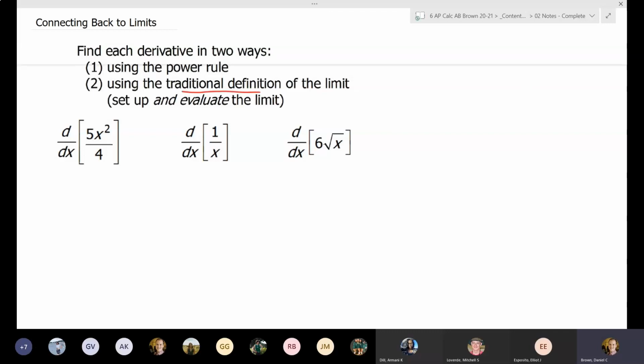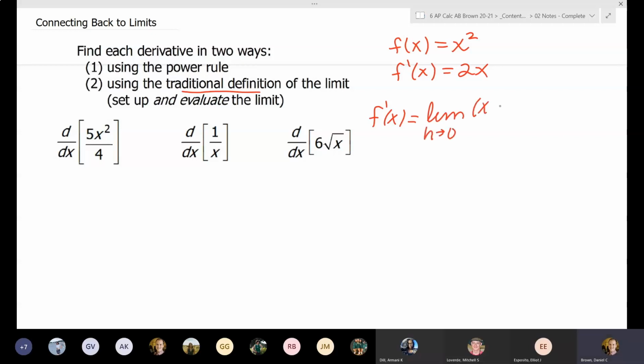So for example, when I say f of x is equal to x squared, and we know from the power rule that f prime would be 2x, someone had to come up with that rule from somewhere. Where that rule comes from is actually connecting back to unit 1 and the beginning of this unit, using that traditional definition of the derivative.